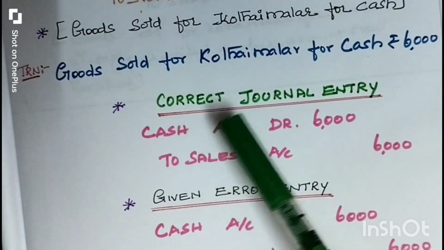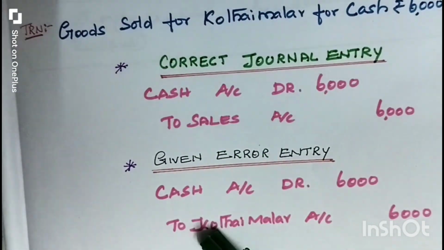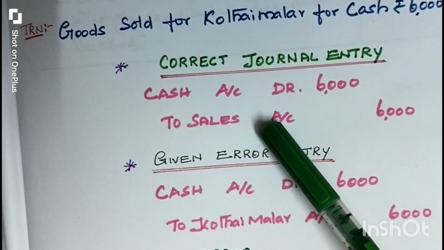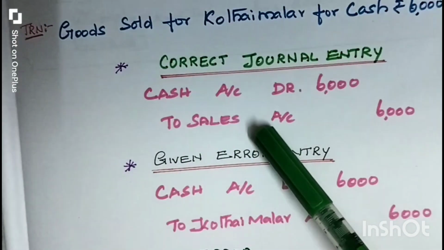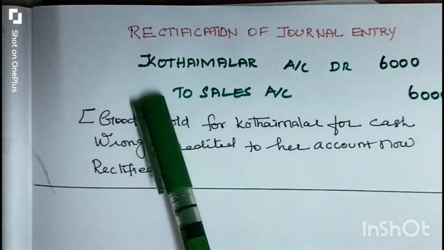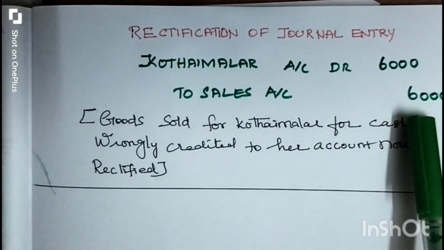That means cash account debtor to sales account. Which side do we have the error? The credit side. Which account is the correct account? The sales account is the correct account on the credit side. So we enter the sales account on the credit side. To sales account, 6,000 rupees we entered.